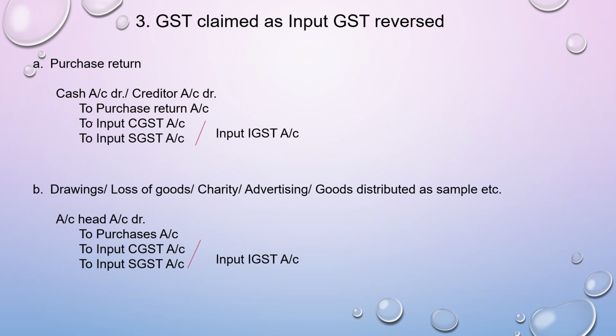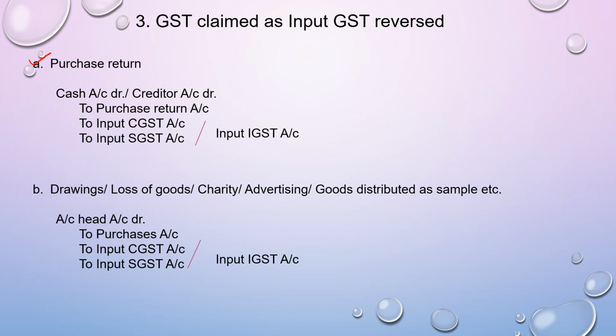So, the first case I will be discussing is in case of purchase return. When you made a purchase, if it was an intrastate purchase, there was input CGST and input SGST which was paid. And if it was an interstate purchase, you had paid input IGST. Now, out of that purchase that you have made, suppose you have returned some goods.